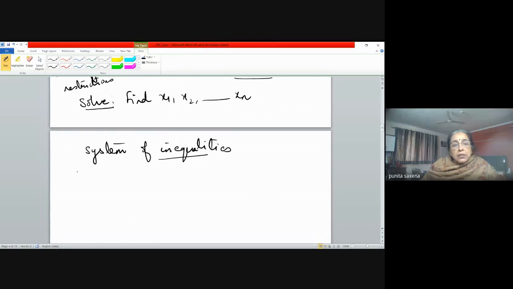So in fact, any solution that satisfies the system of inequalities is called as a feasible solution, क्योंकि वो तो feasible हो गई.